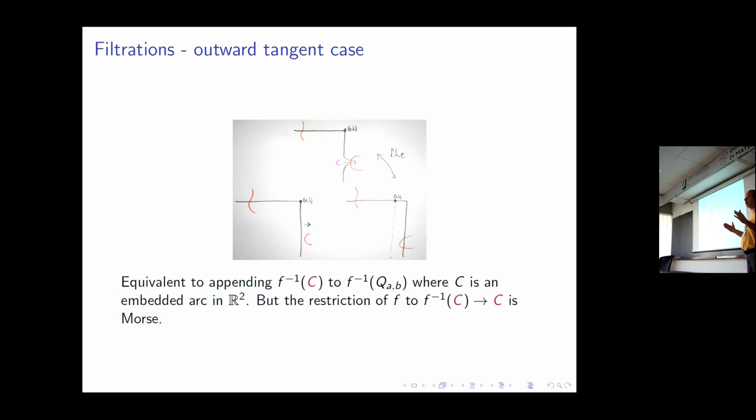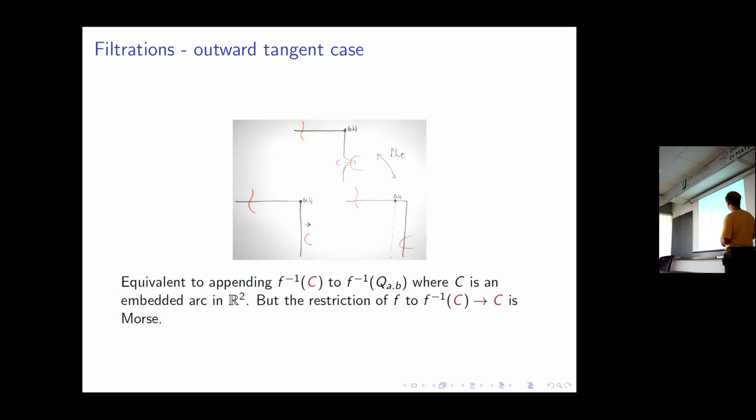So that's just a plain, boring Morse function. So all you're doing by poking out there is you're attaching a cell corresponding to whichever index of the curve that's relevant. So it's not a dramatic change. It's just a simple cell attachment.